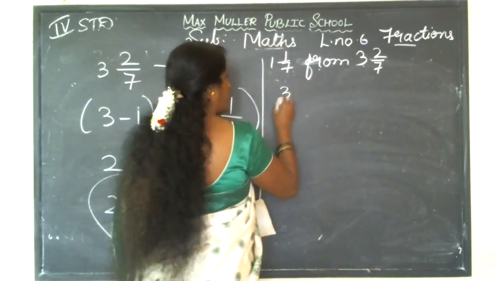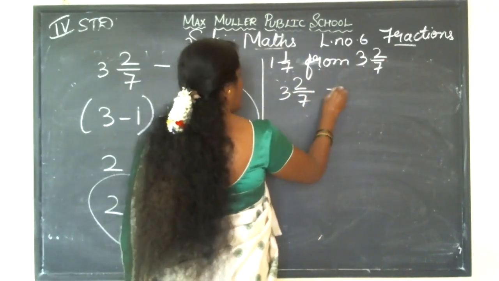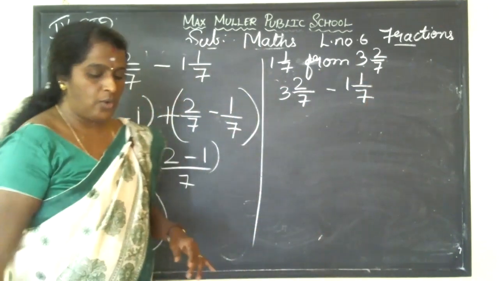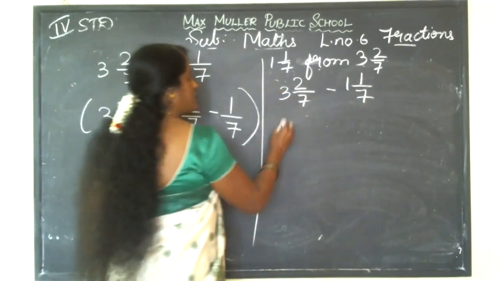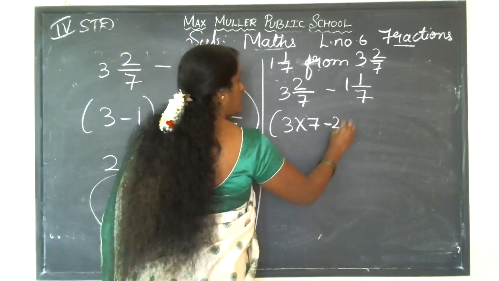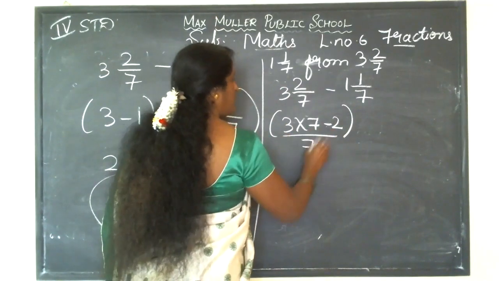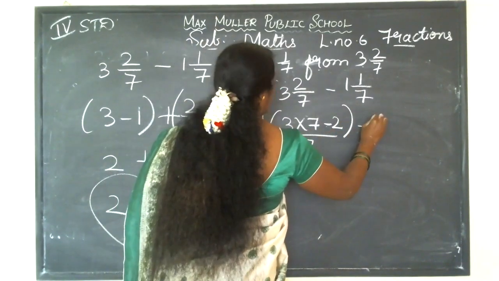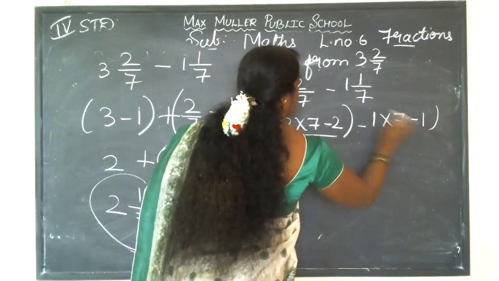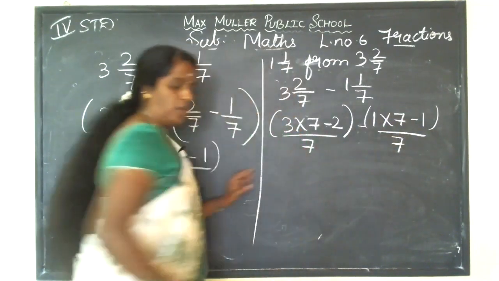So we'll copy 3 and 2 by 7 minus 1 and 1 by 7. How should we do it? 3 into 7 plus 2 by 7, minus 1 into 7 plus 1 by 7. You should copy down like this.